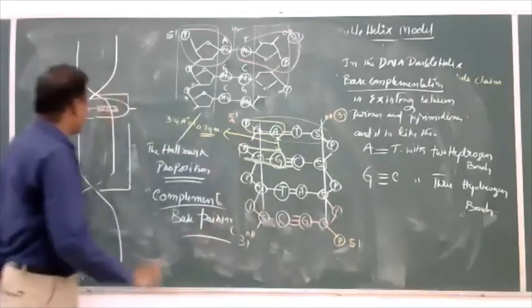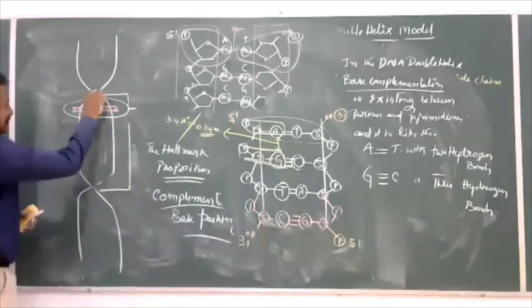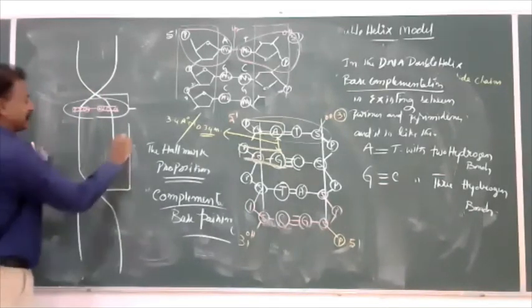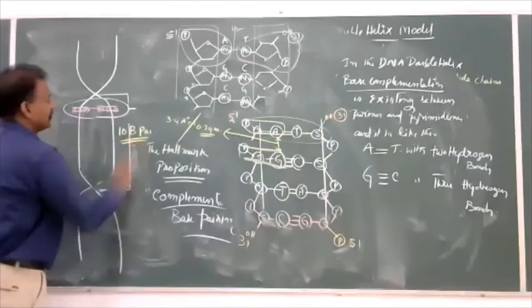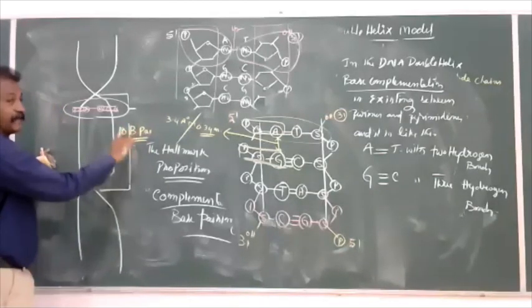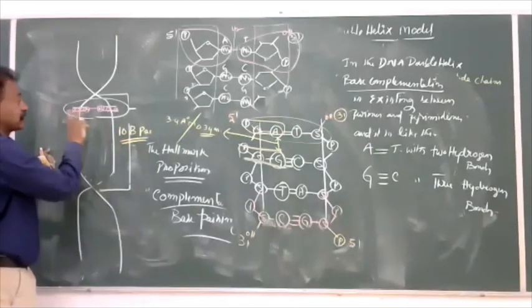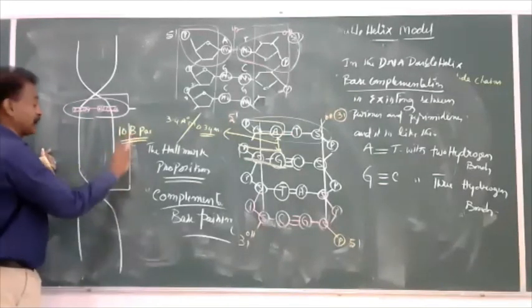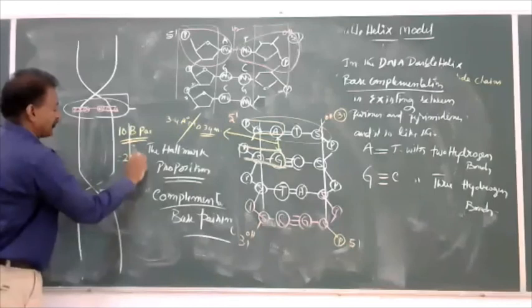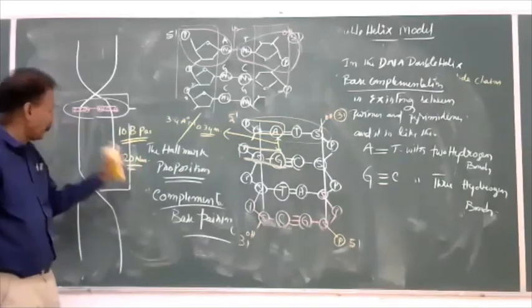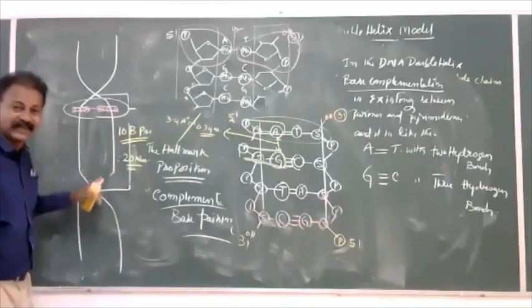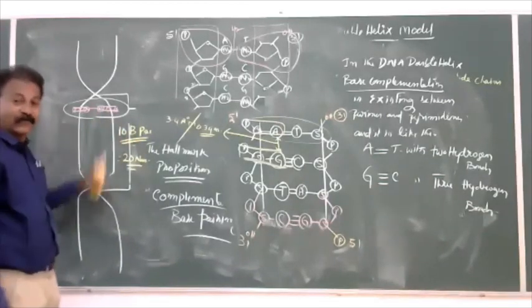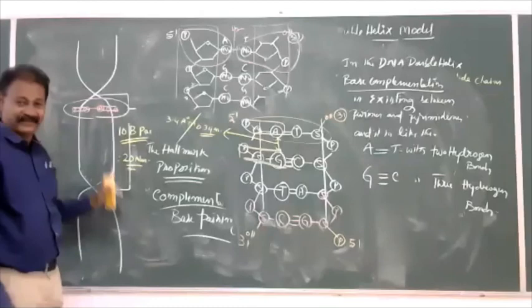Like that, when they counted, this helix consists of 10 base pairs. 10 base pairs, where one pair is equal to 2 nucleotides, is equal to 20 nucleotides, which is one turn, one helix, one pitch, one coil, one twist, one gyre.